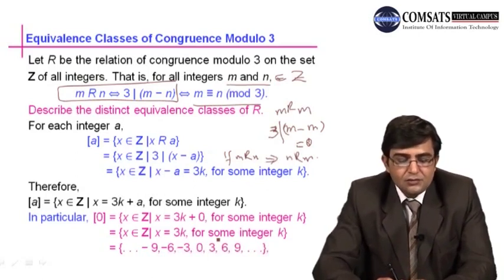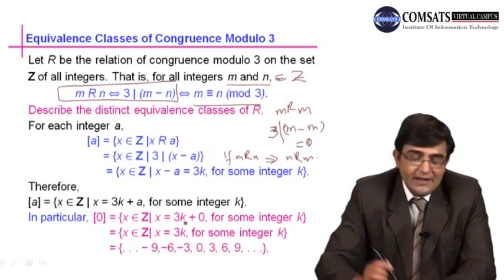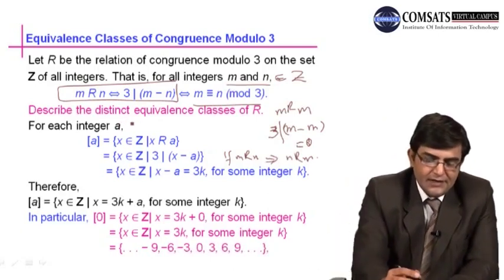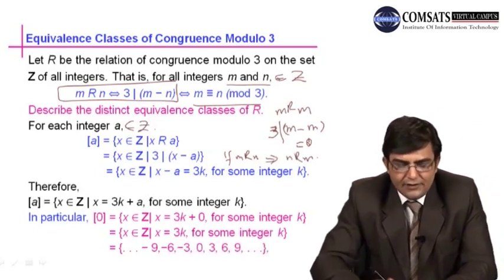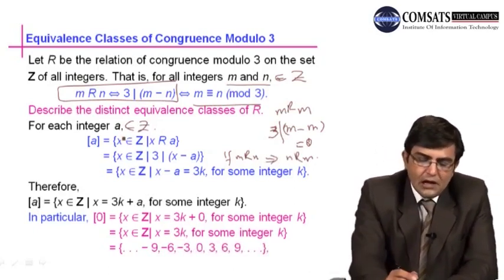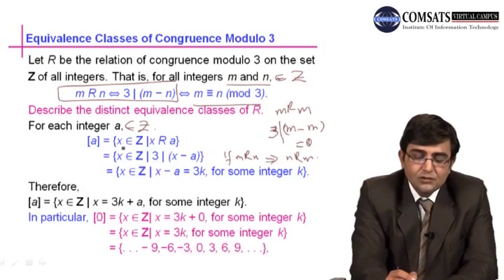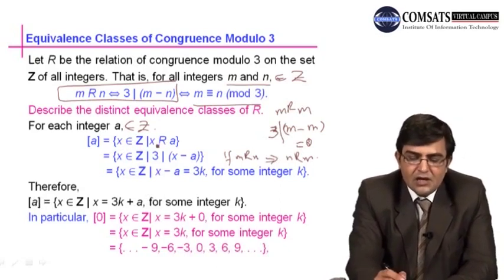So now we are going to compute the equivalence classes. If we have any integer a which belongs to Z, then the equivalence class of a contains all those integers, all those elements of Z, which are related to this a. If x is related to a, this means 3 divides x minus a.